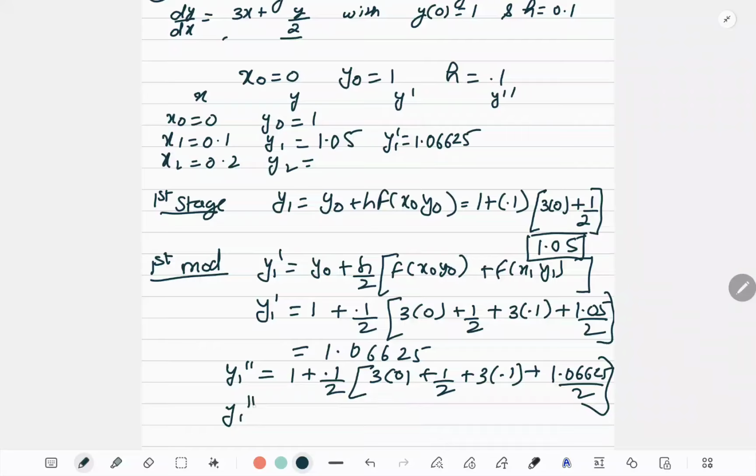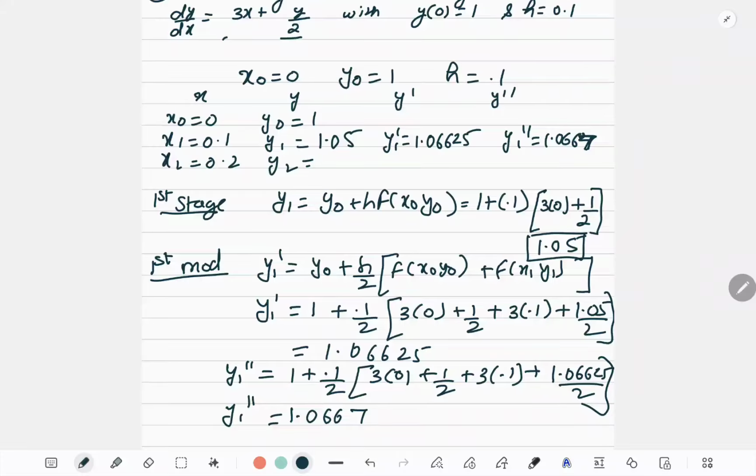That will give me y1 double dash is equal to 1.06625. Usually it will be all the same, a little bit of difference in decimal place will come. 667 will come. Okay, when you modify it will come 667. Now, this is 667, by mistake I wrote 25.